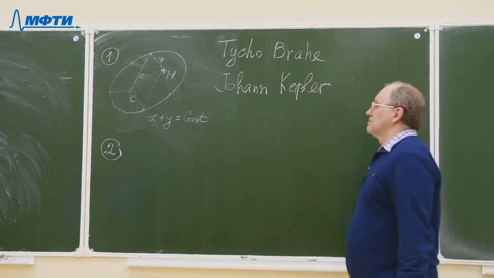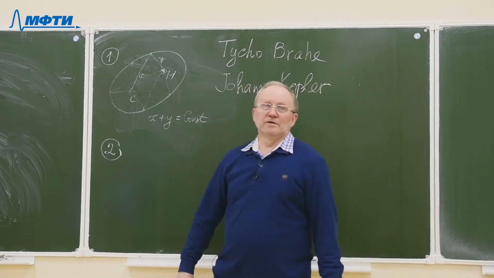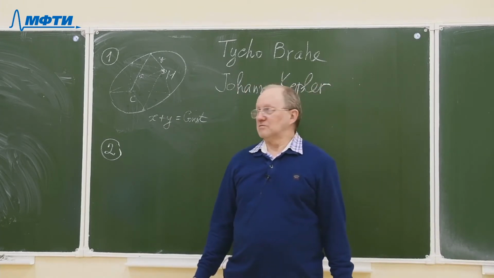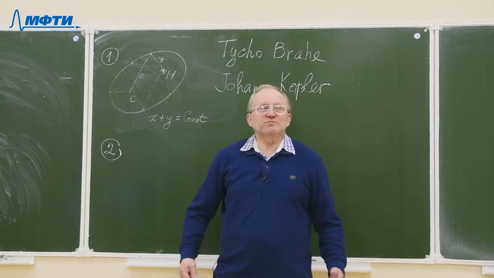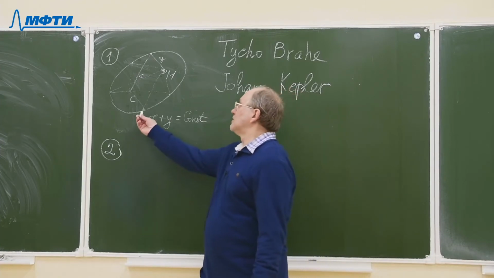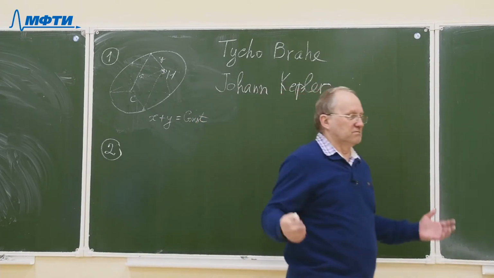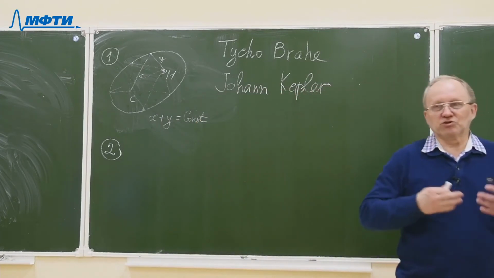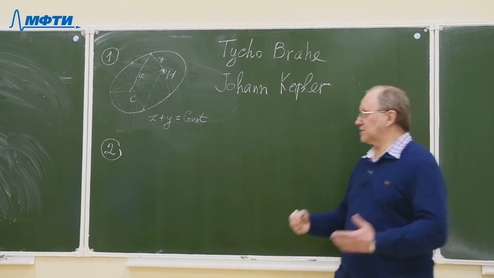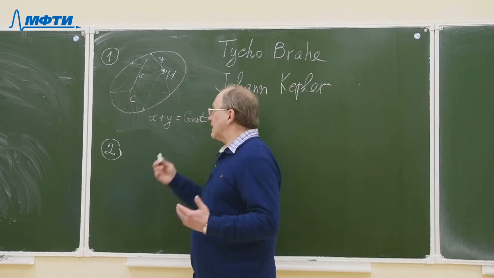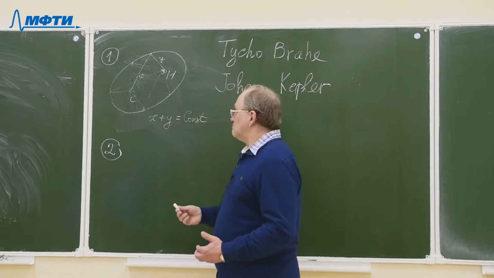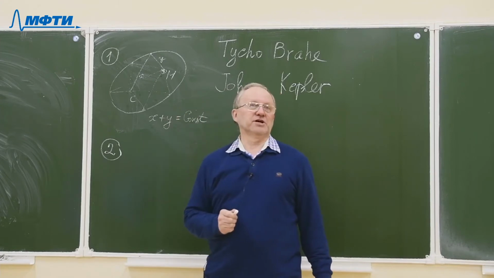And Newton wanted to explain such a motion. He understood that such a motion cannot emerge from nothing. There should be some reason behind it, some cause, some forces which act on a planet and make the planet move along such a trajectory.